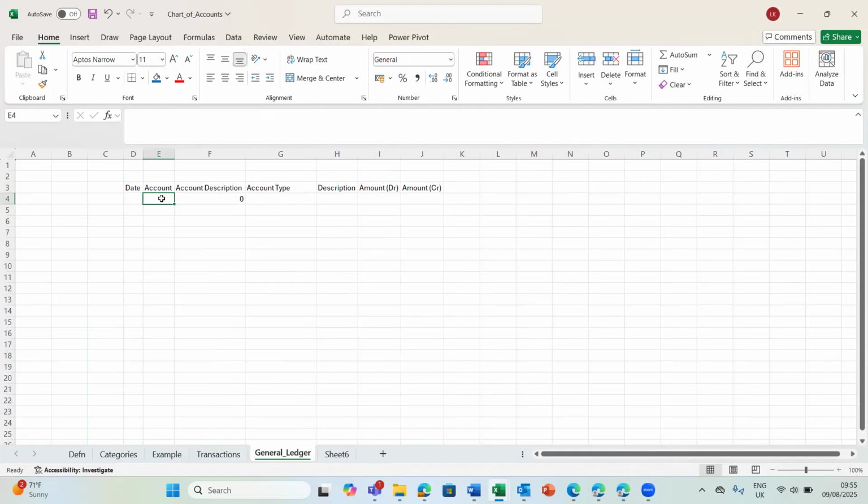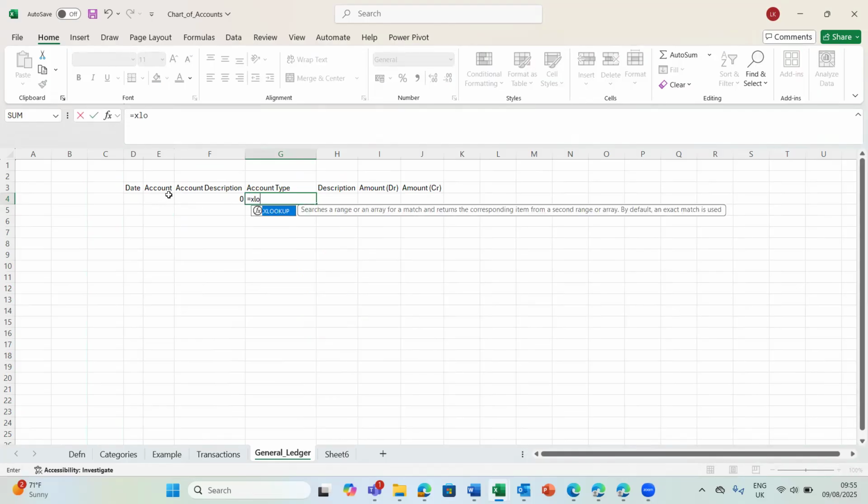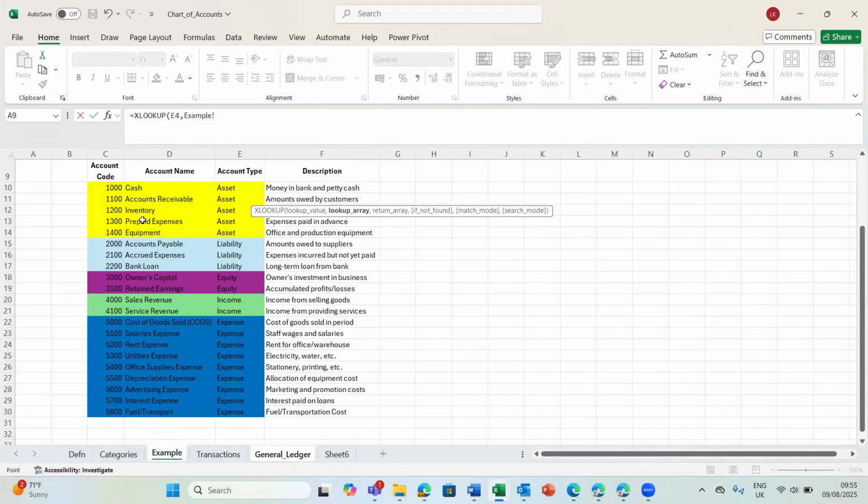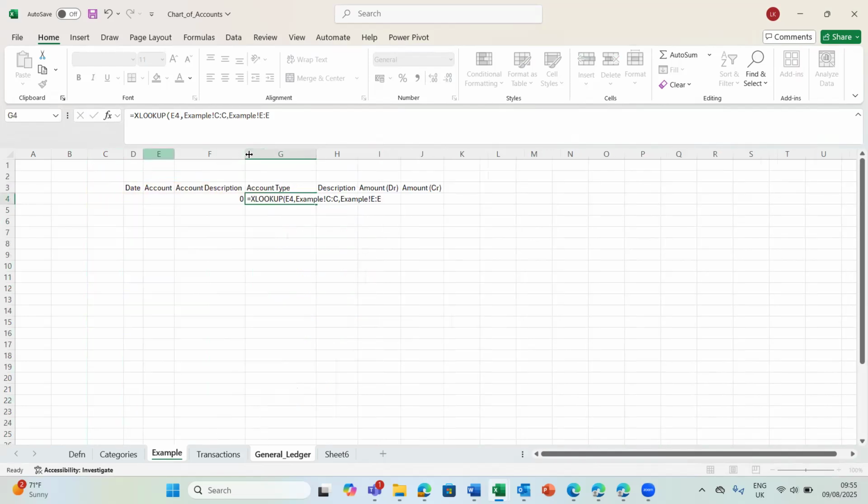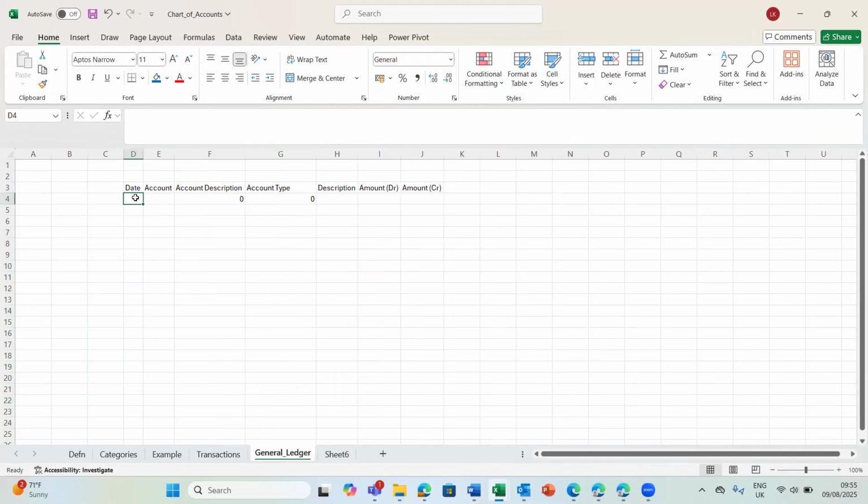All right, so here's what will happen. And also here the same, XLOOKUP, lookup value, comma, I go to example, lookup array, and account type, enter, like that. So what will happen is, once I put account here, let's say 10,000, automatically figures will come there, right?